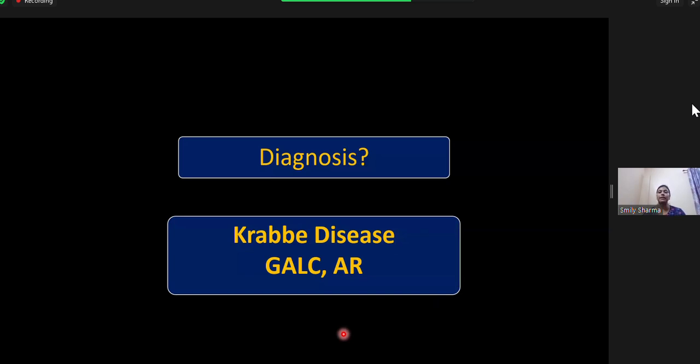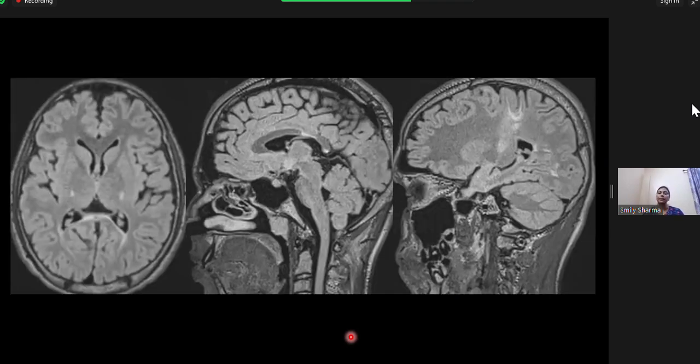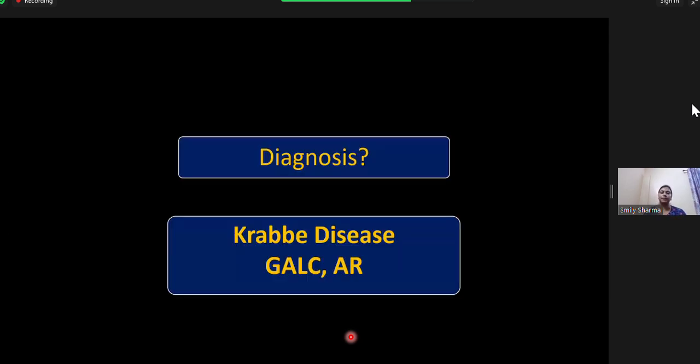We can see periventricular involvement. We can see corticospinal tract involvement. Apart from that, there is one structure which can be thickened. So someone has correctly answered. There can be thickening of the optic nerve and the optic chiasma along with hyperintensity along the corticospinal tract. So that can be characteristically seen in Krabbe's disease.